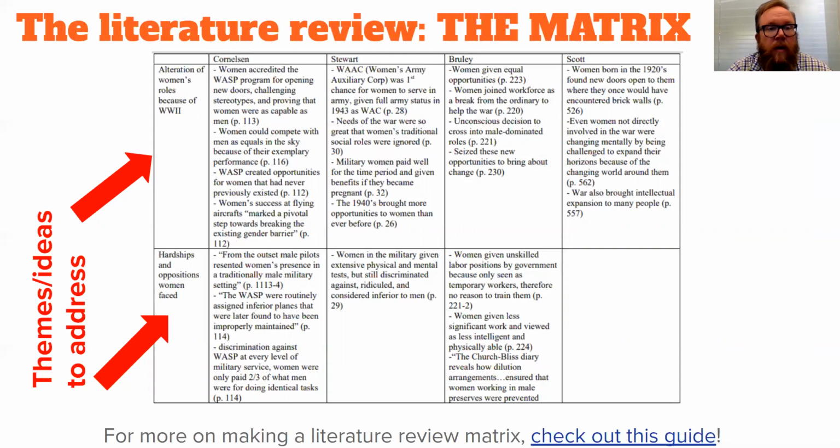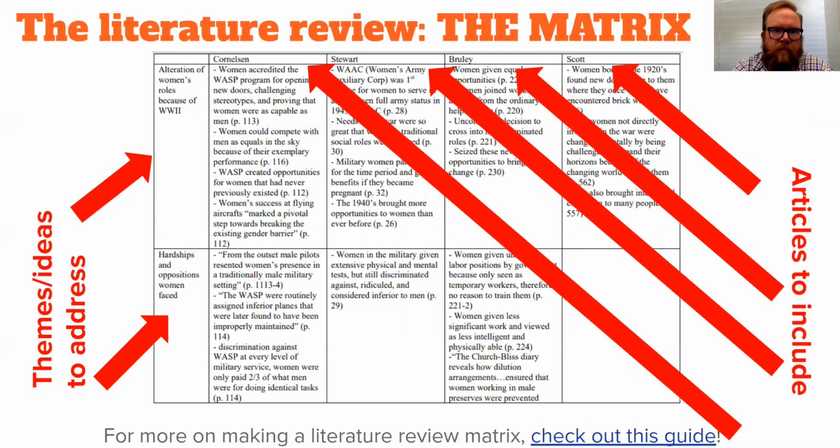So here, the column on the left looks at themes or ideas to be addressed in the literature review, and then I guess the rows talk about the different topics or issues you want to address, and the columns are different articles. So the names in that top row there are the name of the first author of a bunch of different articles.